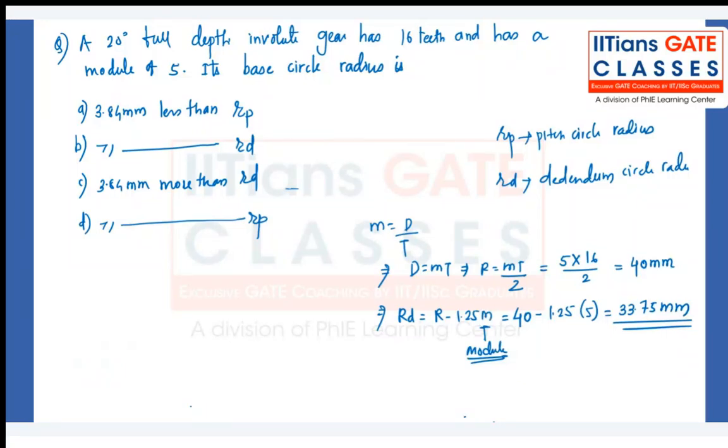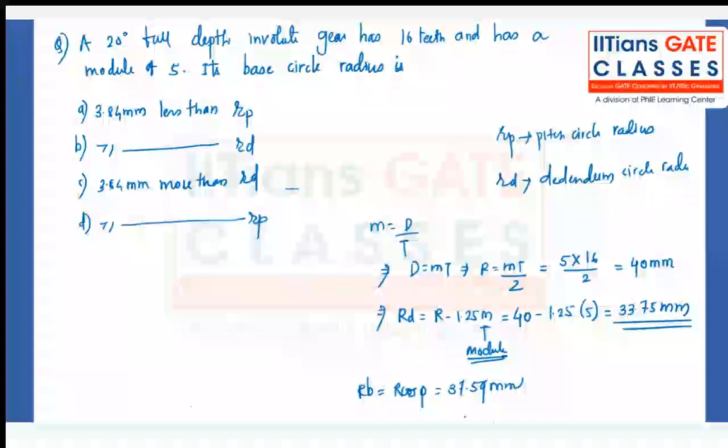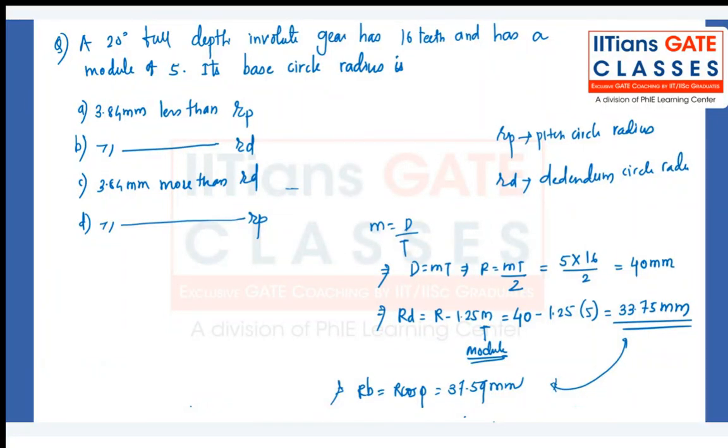The radius of the base circle is equal to how much? You know it is R cos phi, and that is 37.59 millimeter. You have the phi angle which is already given, and now if you compare the base circle and addendum circle radius, it is 3.84. So the correct option is that the base circle radius is 3.84 mm more than the addendum circle radius in this case.